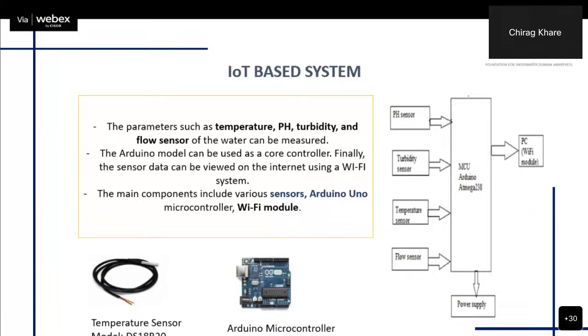Here, the data transfer takes place over the internet. All the interconnections are done here via Wi-Fi. As you can see, the figure here shows the architecture of the model, and various sensors can be attached to the system also.